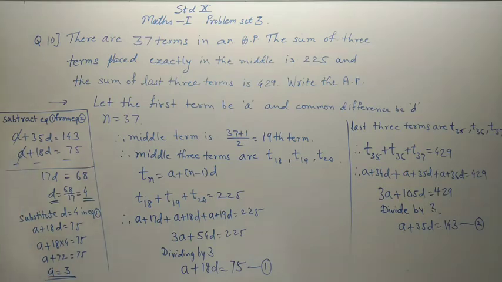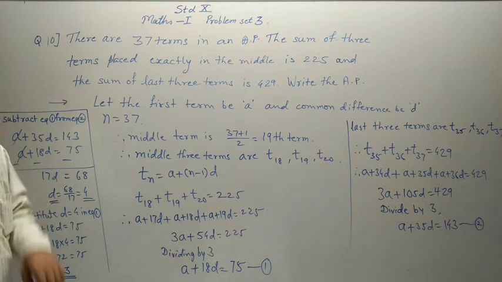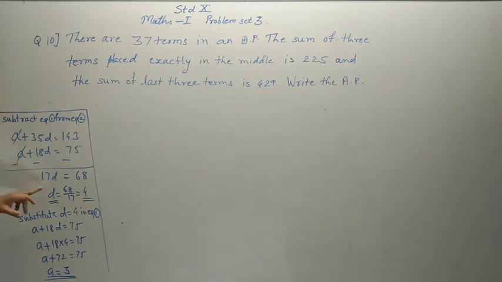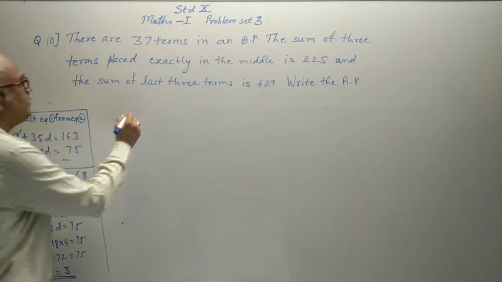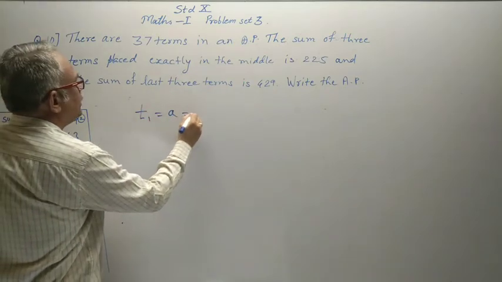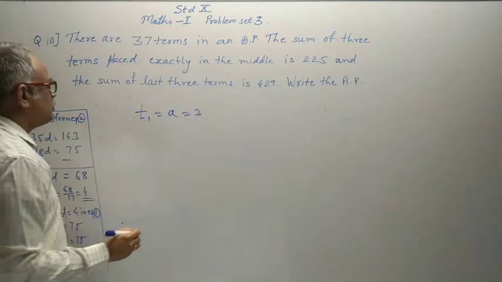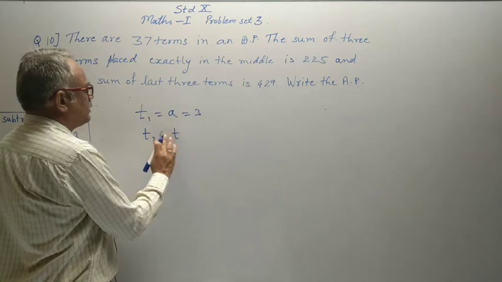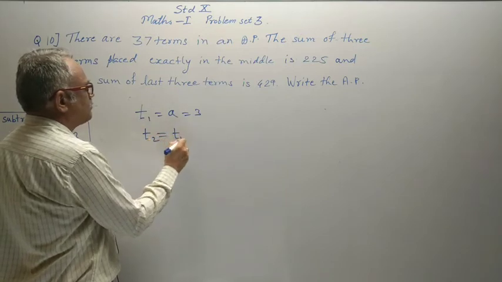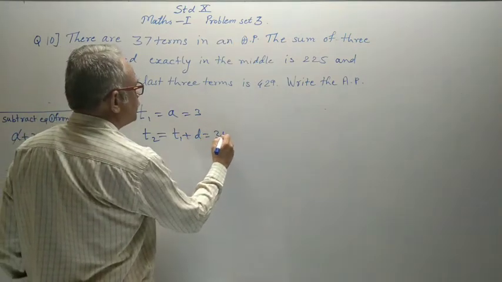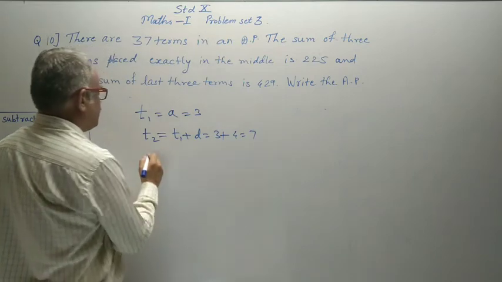We have to write the AP, meaning using this A and D, we have to write T1, T2, T3, T4 and then write the AP. Now we obtained D and A, now we find T1. T1 is A, which is 3. T2 is T1 plus D, the second term is the first term plus D. The first term is 3, D is 4, so 7.